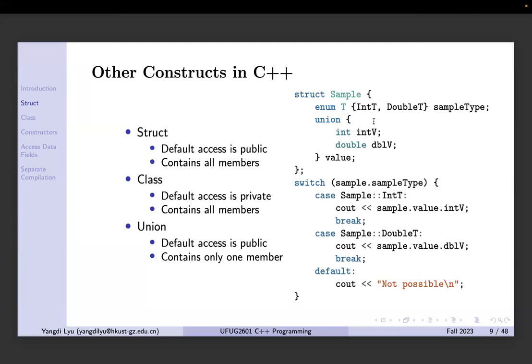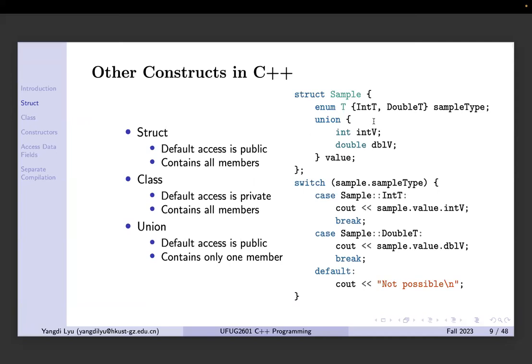So there are some storage issues here. If you are defining int or double, the size will be the largest one, and you can access them this way. For example, this is a meaningful code. You can check samples dot sample type.